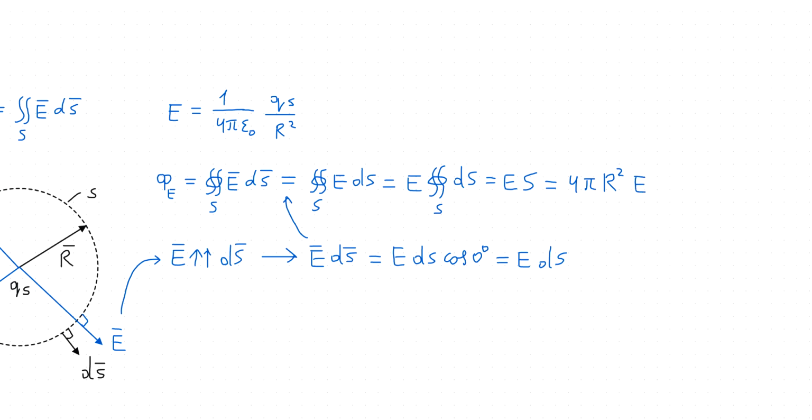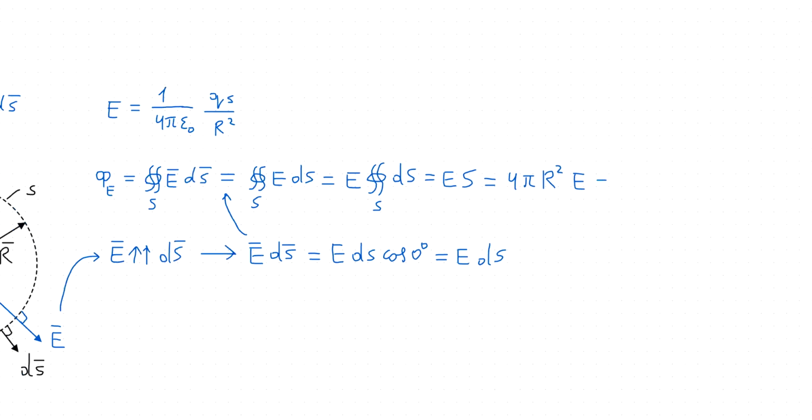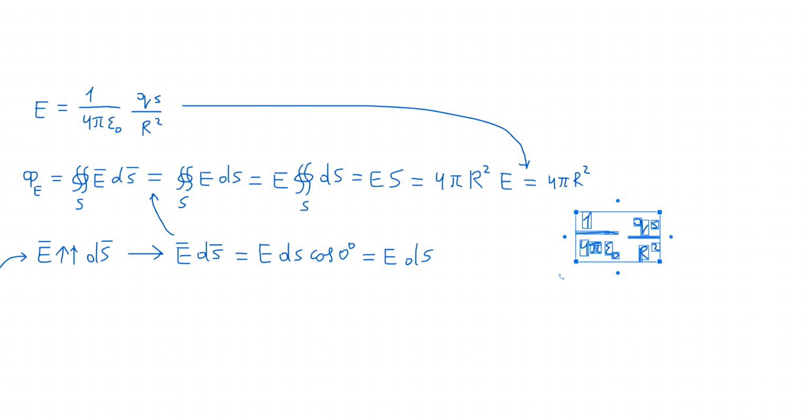And of course we can substitute this here, and we will get 4π r to the power of 2 multiplied by this value.